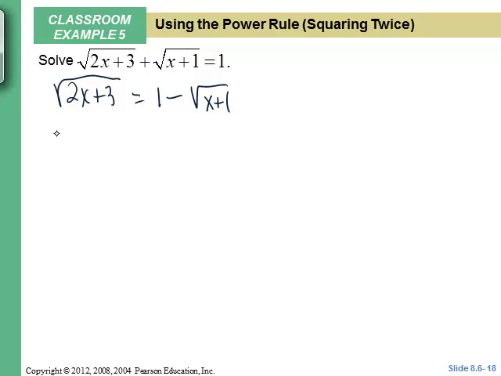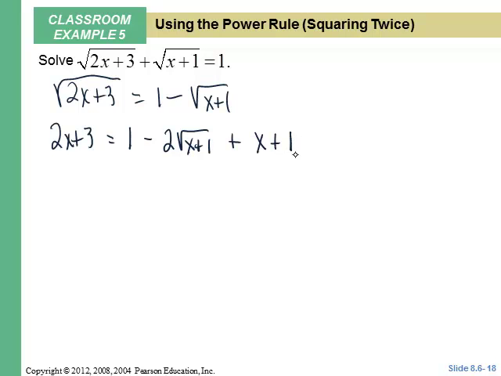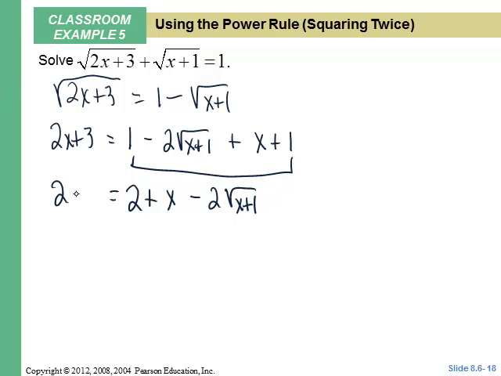Okay, so you get 2x plus 3 equals 1 minus 2 root x plus 1 plus x plus 1. 1 and 1 makes 2 plus x minus 2 root of x plus 1 equals 2x plus 3.